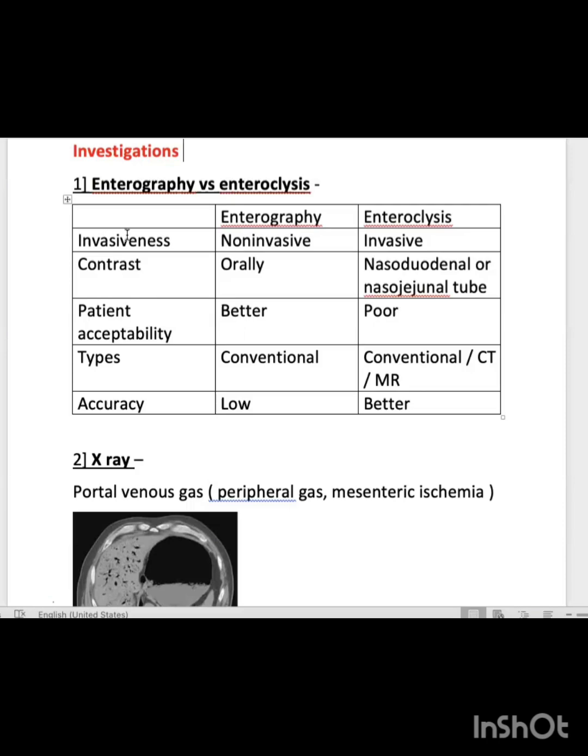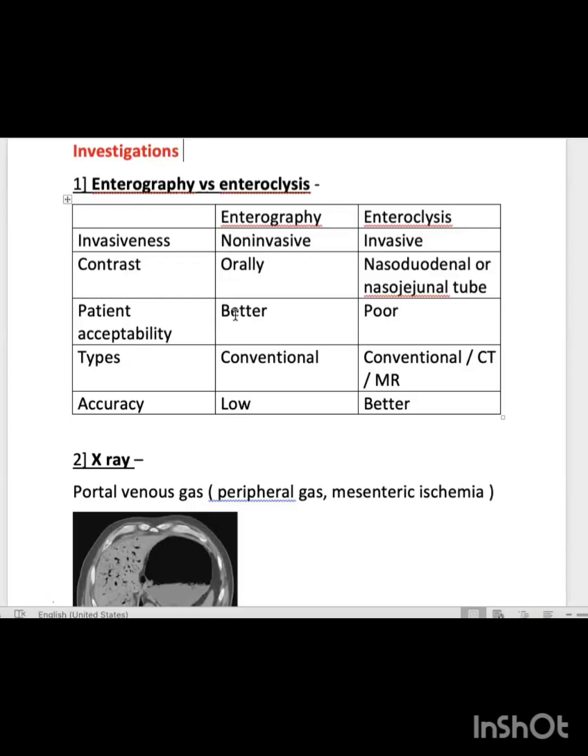So MR or CT enterography or enteroclysis is done to evaluate the small bowel. When you get a patient of GI bleed, you have done an endoscopy, you have done a colonoscopy and both revealed nothing, then you can go ahead with MR or CT enterography or enteroclysis. So enterography is a non-invasive technique. The contrast is used orally.